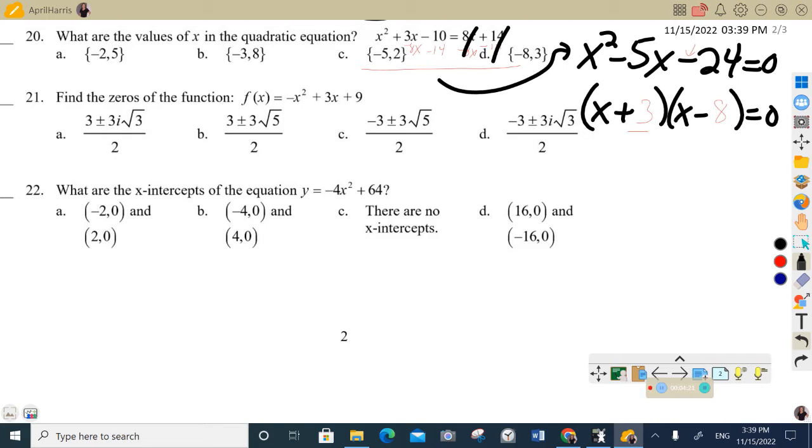Check your work. 3 minus 8 is negative 5. 3 times negative 8 is negative 24. Now this is where you've got to be careful because when you bring it out of the parentheses, it changes signs. So x doesn't equal 3 and negative 8. x equals negative 3 and positive 8. So the answer would have been B.